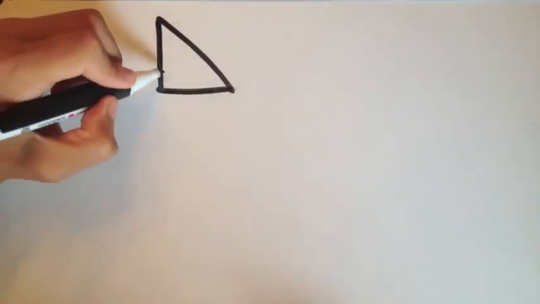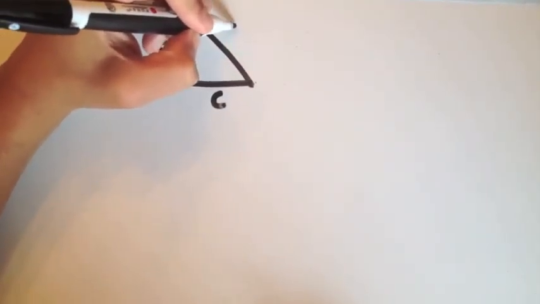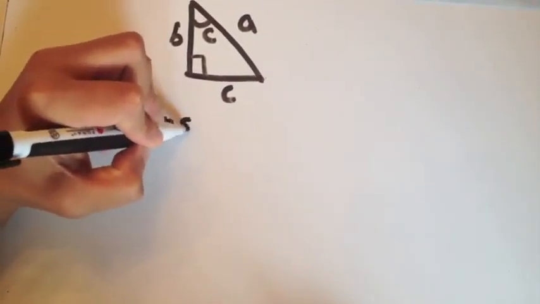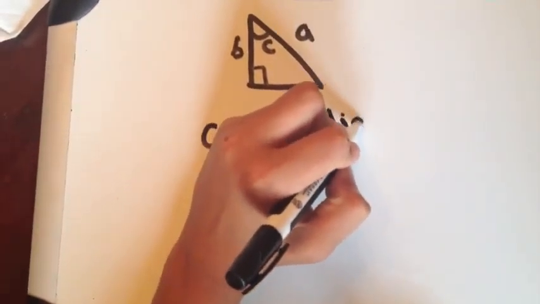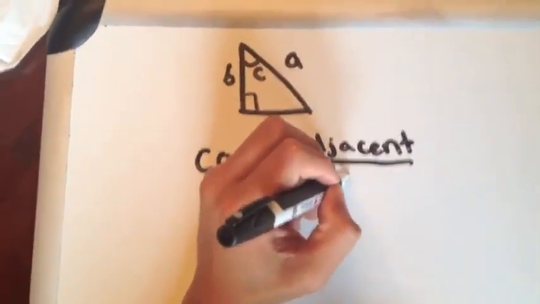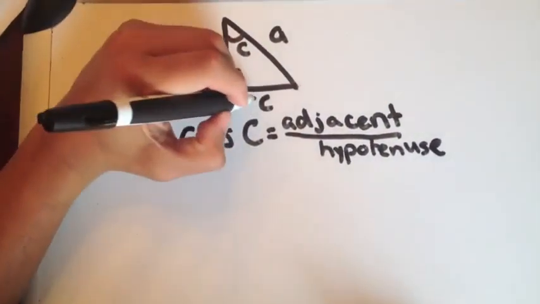So now we're going to try to find cosine, which is only defined this way for right triangles. So we're going to assume the three sides are a, b, and c, and we're going to try to find the cosine of c. Now the cosine of c is defined as the adjacent side over the hypotenuse. This isn't just for cosine of c, this is for any cosine. This is the cosine ratio, adjacent over hypotenuse.